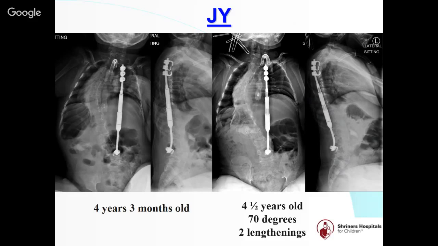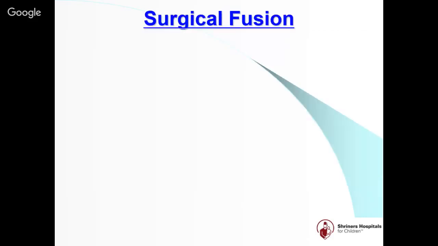So at that point, we're saying, well, why don't we just let nature take its course? We'll put some regular solid rods in there and let nature fuse up the rest of the spine. And for the most part, that seems to have been working pretty well. If we have somebody who is a little bit off center, then we should do a good fusion so we can get them lined up nicely. But otherwise, I think just graduating them by putting in some new rods works nicely.